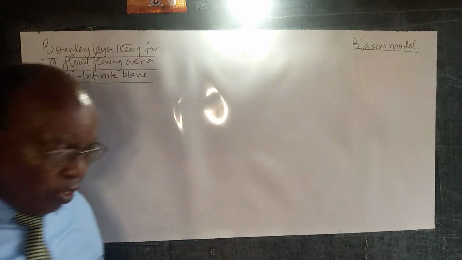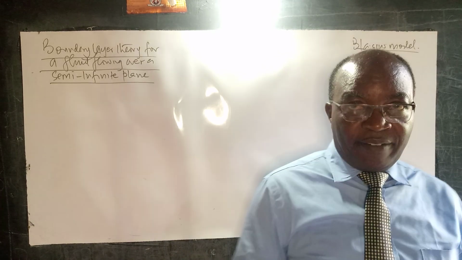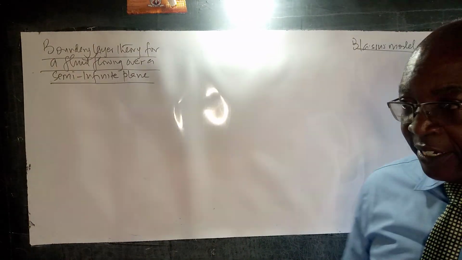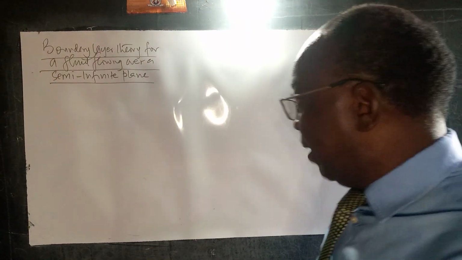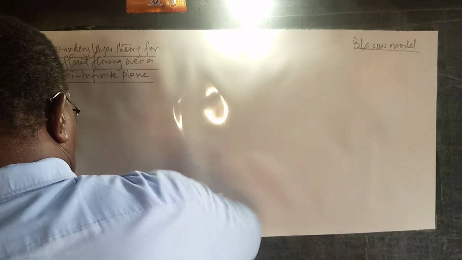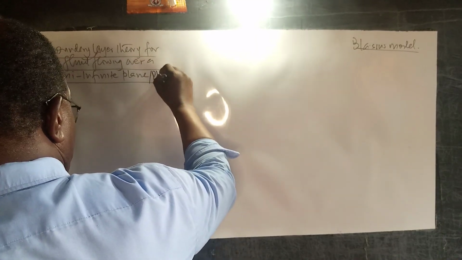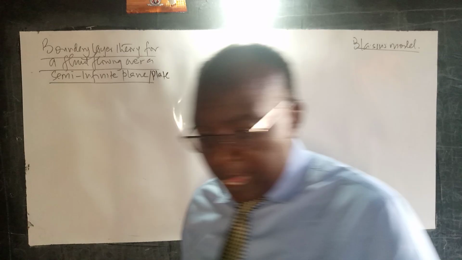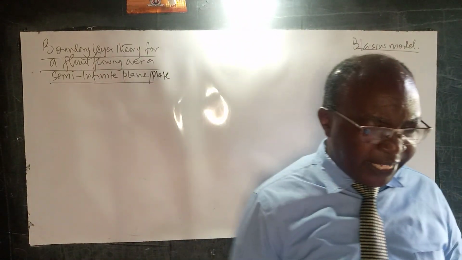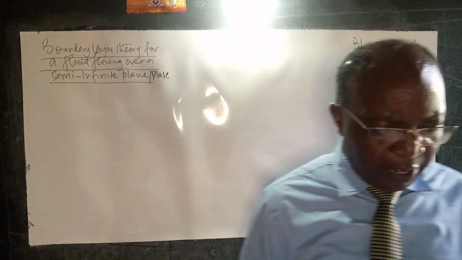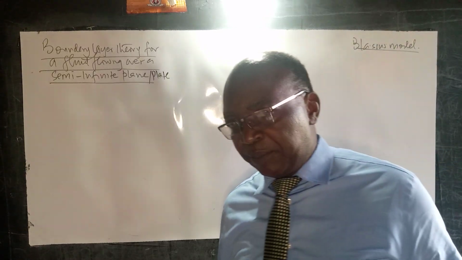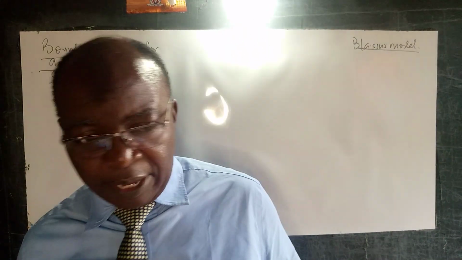We are going to look at a two-dimensional flow of a fluid over a semi-infinite plate. I can call it plate or plane. And we are going to use the Blasius model to develop this particular concept.